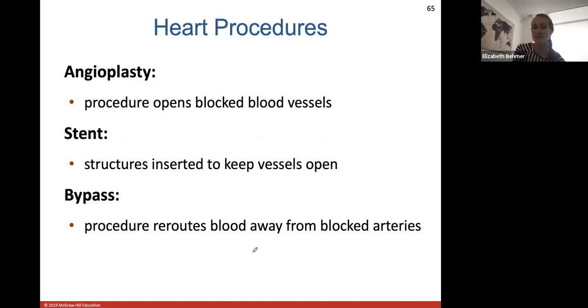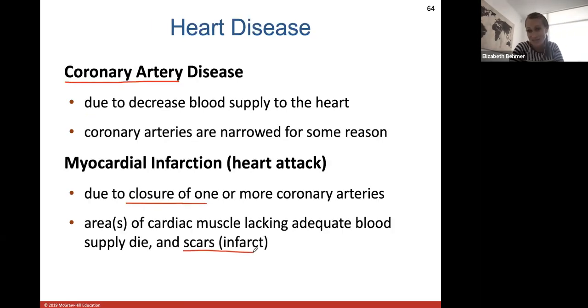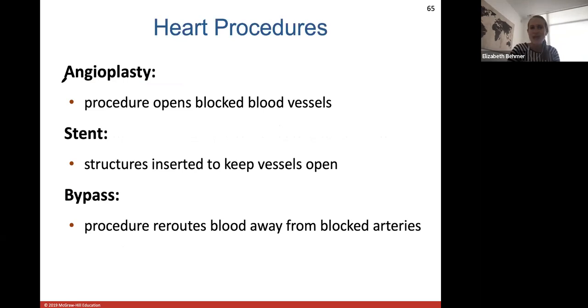Some different heart procedures to take care of heart problems, specifically coronary artery disease, might be an angioplasty, which helps to open up blocked blood vessels. A stent might be inserted, which is a little metal mesh. It's inserted and then it's expanded, and this little metal mesh helps expand your coronary artery vessel to keep the blood vessel open.